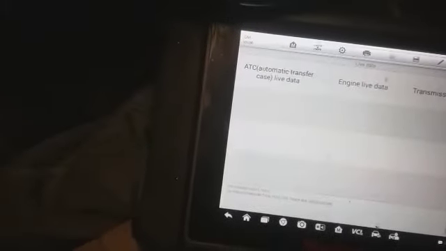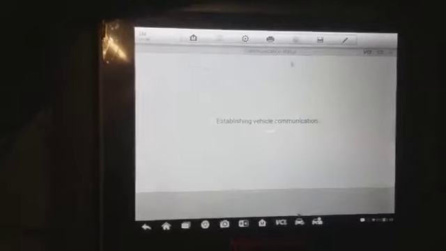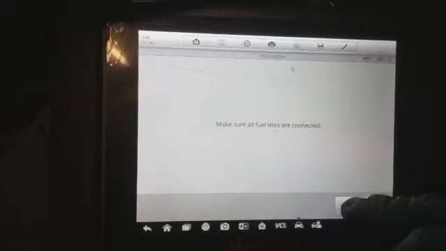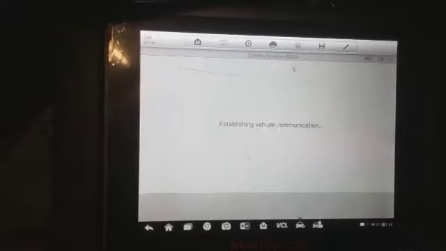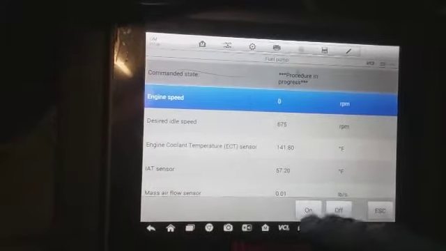Whew, brake cleaner strong, man. So let's go to active test, engine, fuel pump. Because I think this is only really going to test the relay.